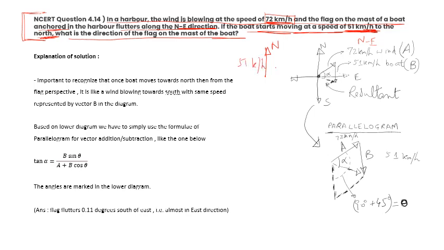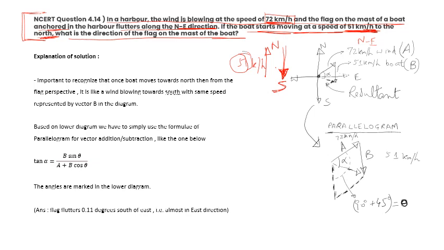That automatically implies that the flag faces a wind in the opposite direction. If the boat was stationary and there was no wind, the flag would not face any wind. But if the boat moves north at 51 kilometers per hour, it faces a wind in the opposite direction at 51 kilometers per hour, that is, in the direction of the south.